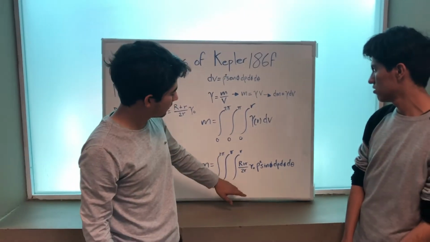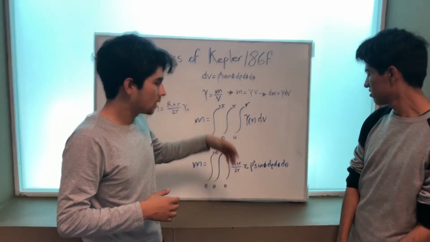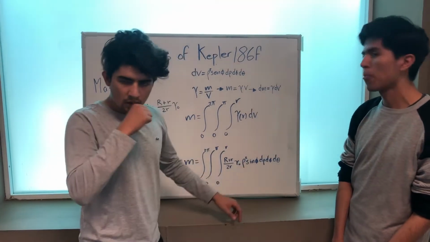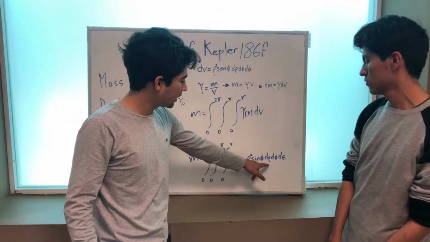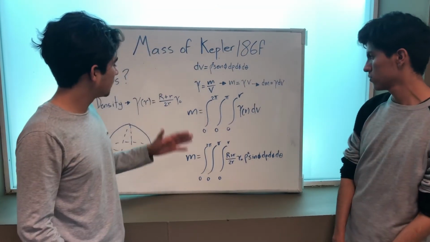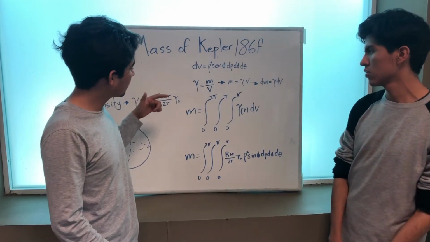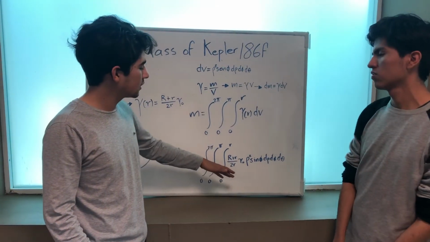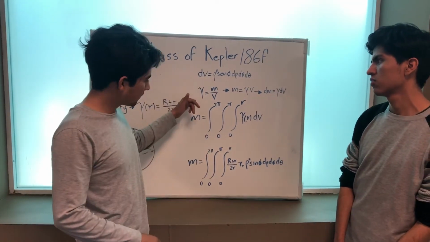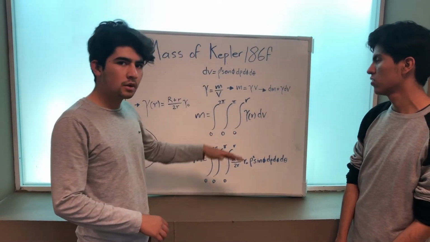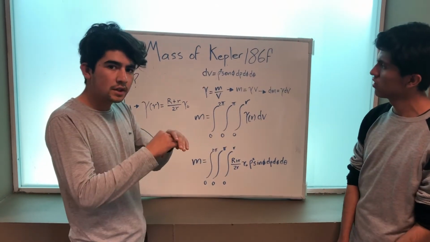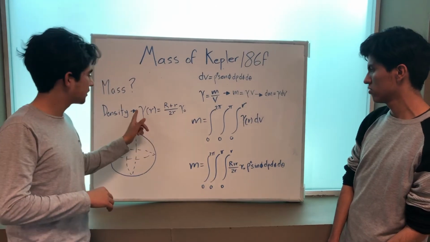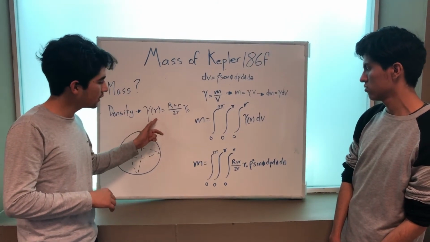The first thing we had to do was to understand the limit of integration of the rho value. The rho will go from 0, because it starts at the origin, all the way to R. We know it because it says here.